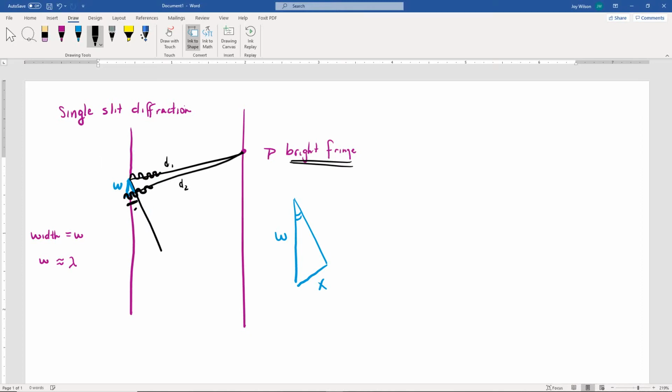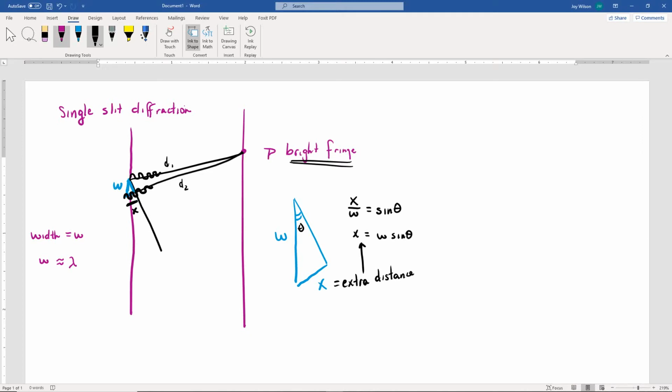And this extra distance, this x, is the extra distance that the second light wave had to travel, longer than the first wave, to arrive at point P because they're at different distances from point P. So x is the extra distance. If we call this angle theta, x over w would be the sine of this angle. So x, my extra path difference, is w times the sine of theta. So that's the first triangle we want to consider.